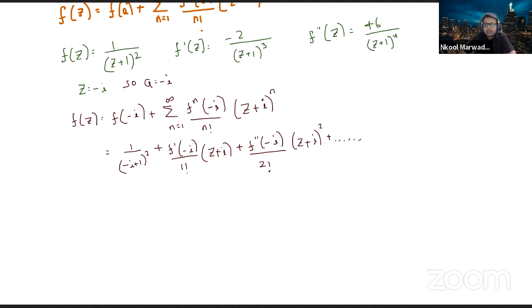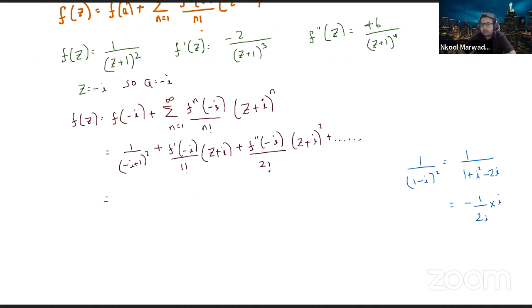Now we have already seen that 1 upon (1 minus i) whole square is 1 upon (1 plus i square minus 2i). I square is minus 1, so plus 1 minus 1 will become 0. It will be 1 by minus 2i. I can multiply and divide by i.